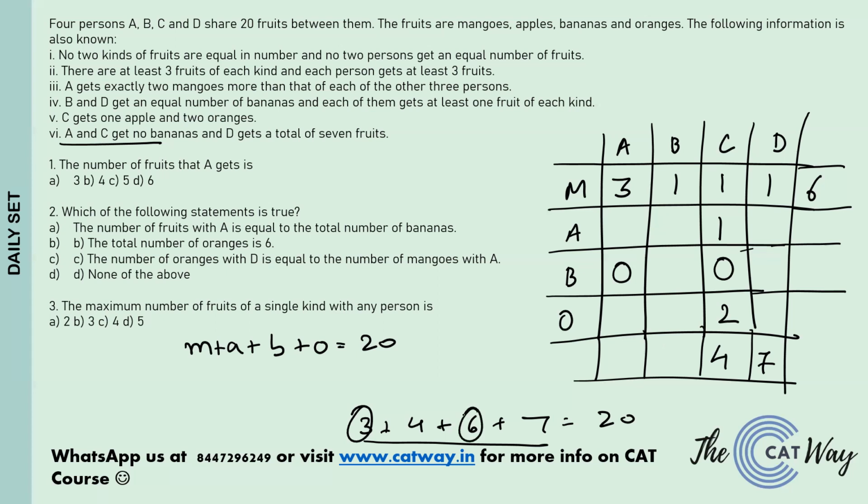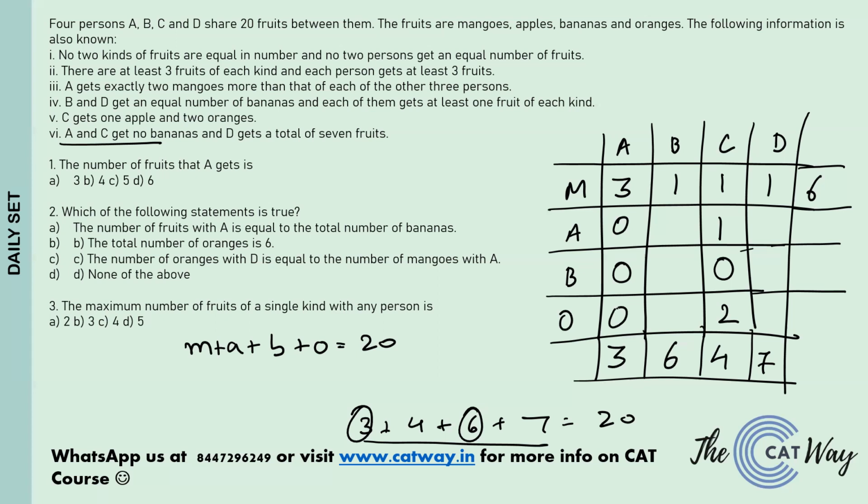Now what we know is that B cannot have only 3 fruits. So out of 3 and 6, the total number of fruits that B can have is 6. That means definitely the total number of fruits that A has will be 3, and if it is 3, that means A got 0 apples and 0 oranges.